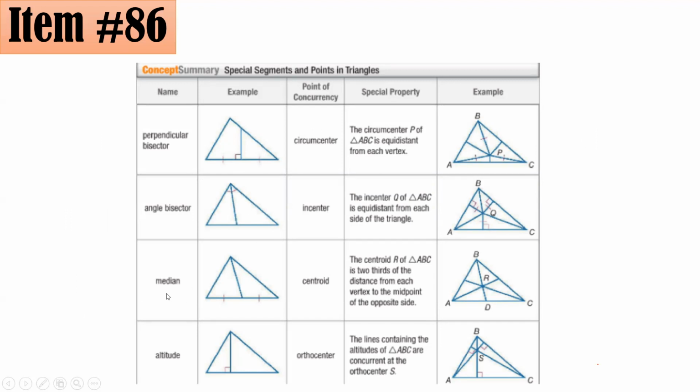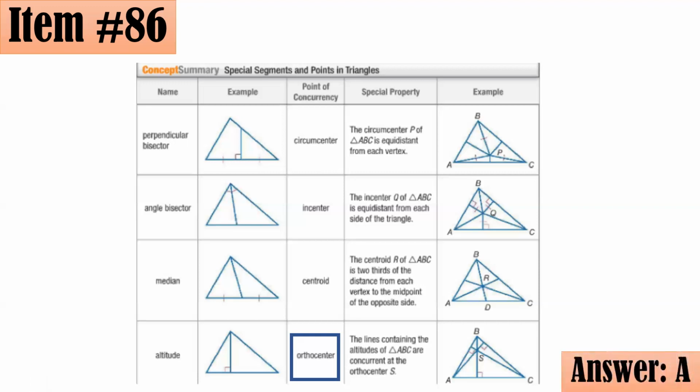The intersection of your three medians, we call that centroid. And the intersection of your three altitudes is what we call orthocenter. Indeed, letter A is the correct answer. All right, mukhang marami yan makaka-perfect mamaya.